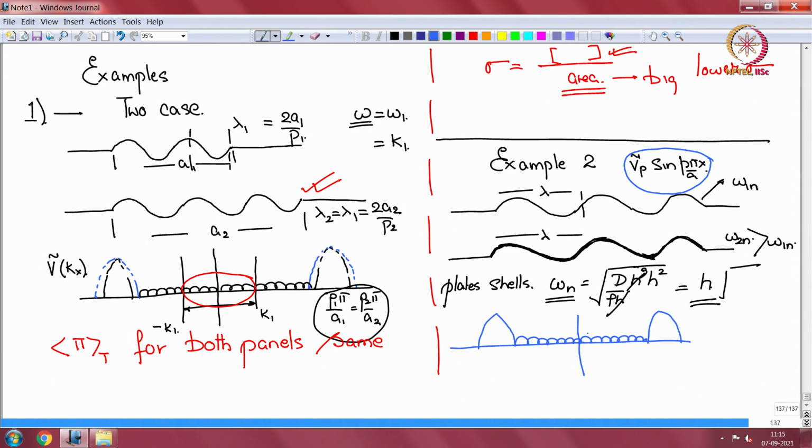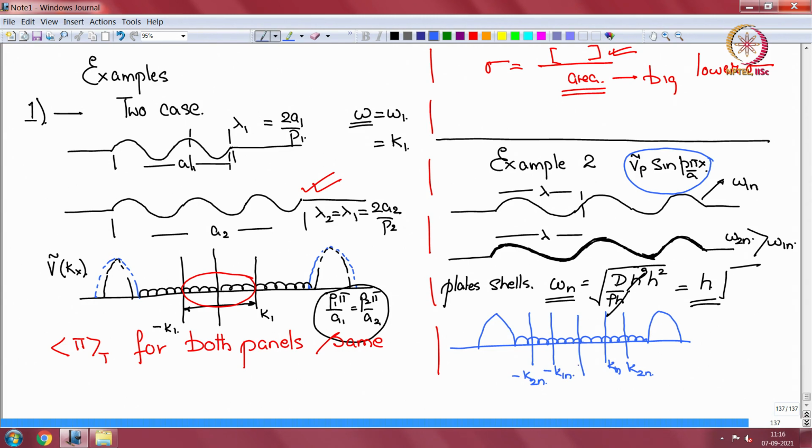Now the second plate omega 2n is bigger, so the k2n will be bigger. This is k2n, minus k2n. For the first one, k1n is smaller, so k1n, and you have minus k1n.